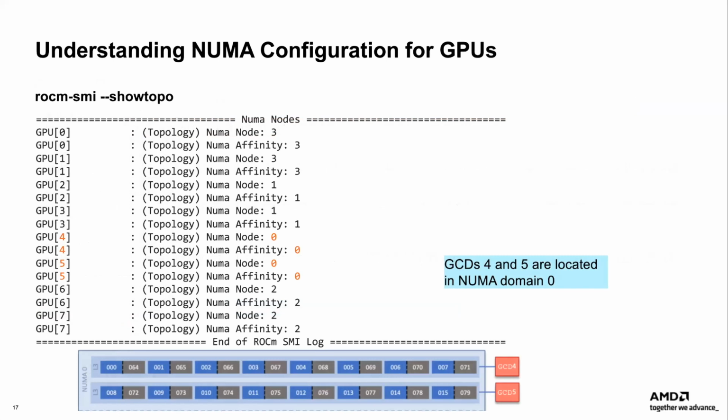With rocm-smi --showtopo, we can see the NUMA affinity for each GPU device. So for example, here we have GPUs 4 and 5, or GCDs 4 and 5, that are associated with NUMA node 0. And NUMA node 0 here is associated with the CPU cores 0 through 15.